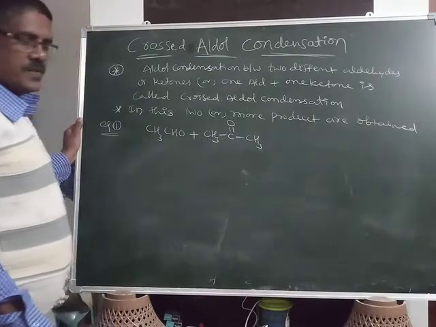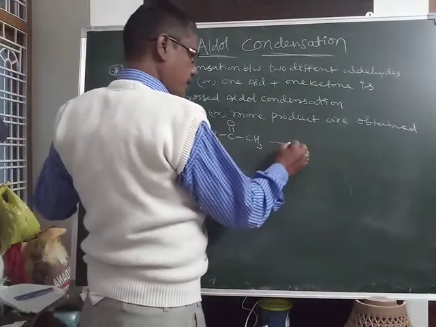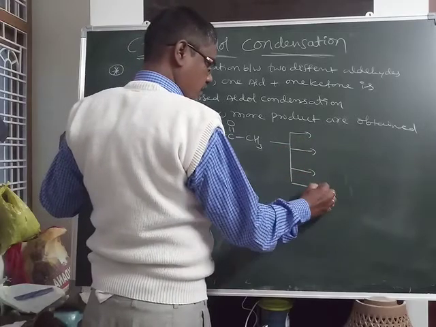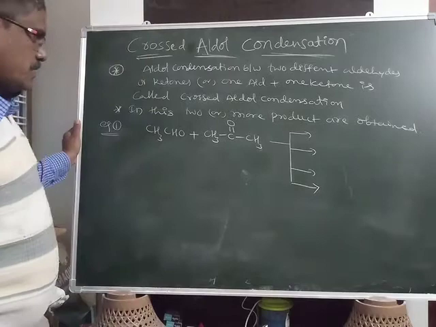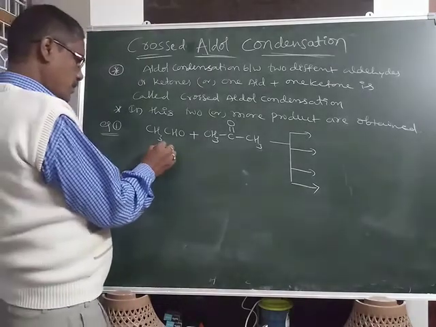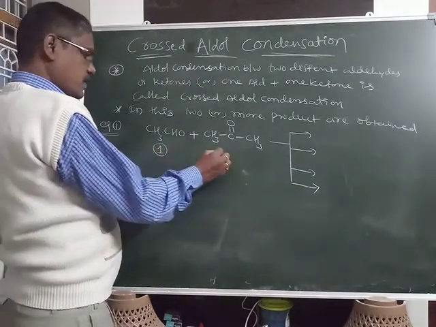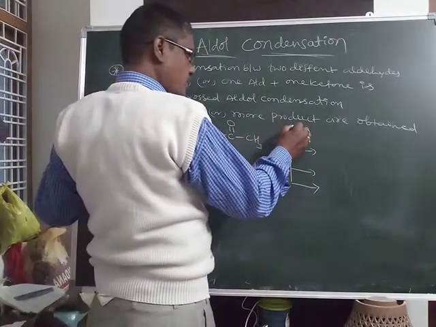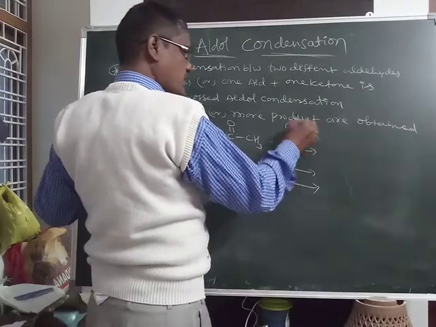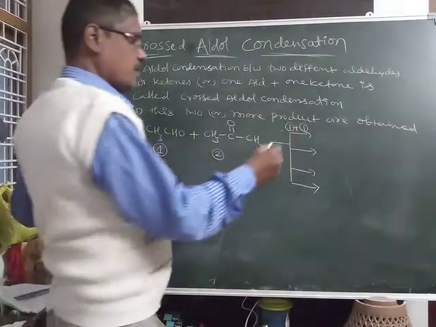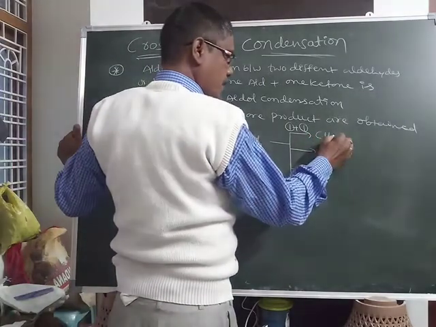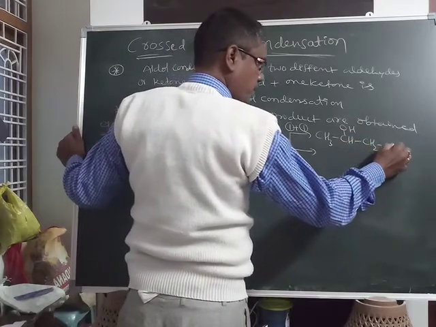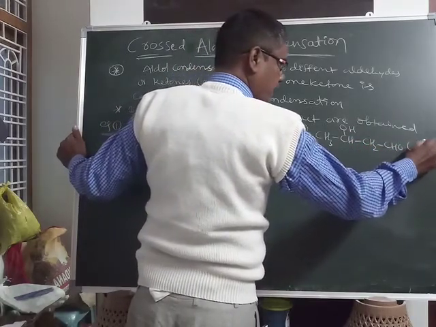We obtain four different products. Here, this is the first molecule, this is the second molecule. There is a choice of 1 plus 1 combination: CH3CHO and CH3CHO. This is the aldol product.